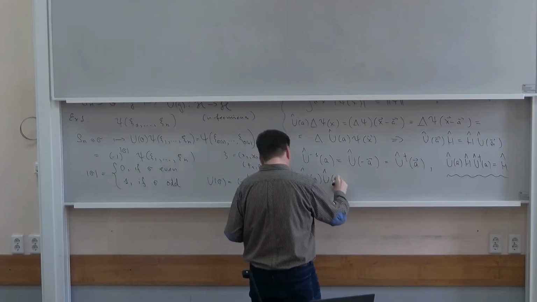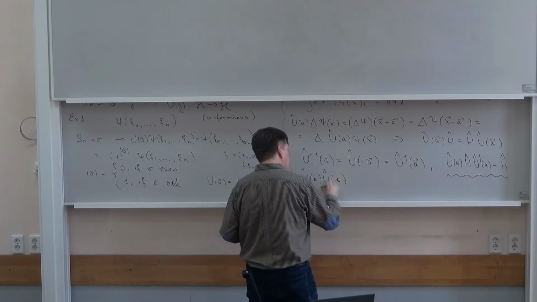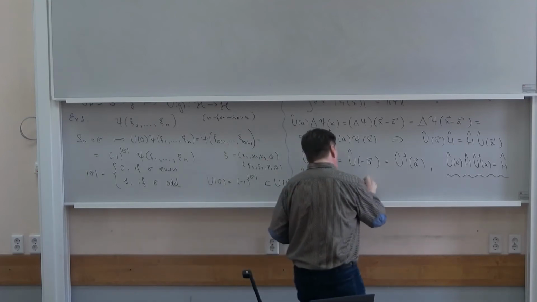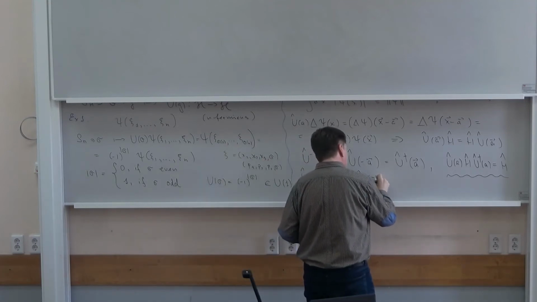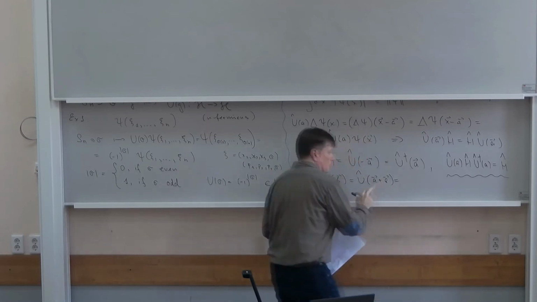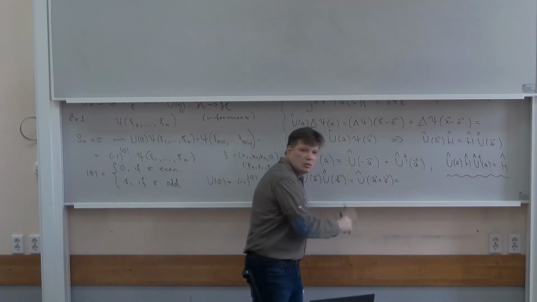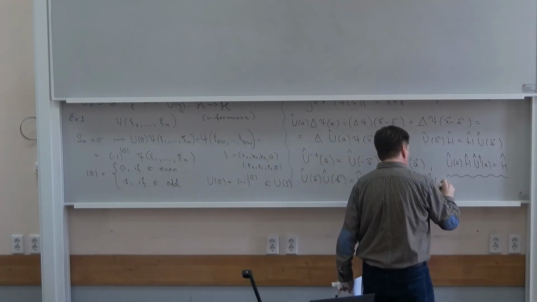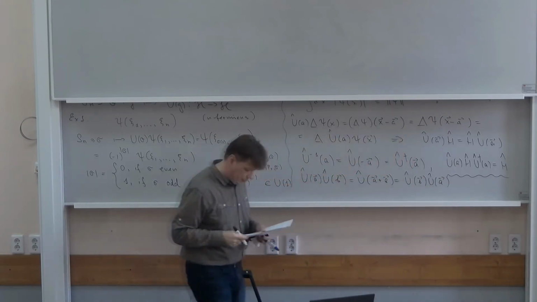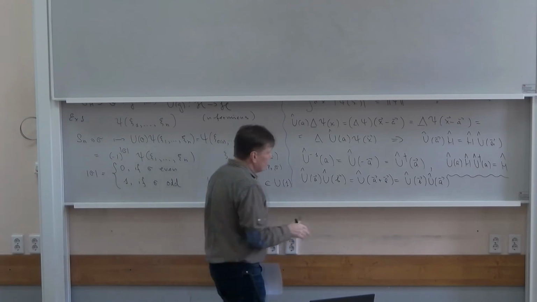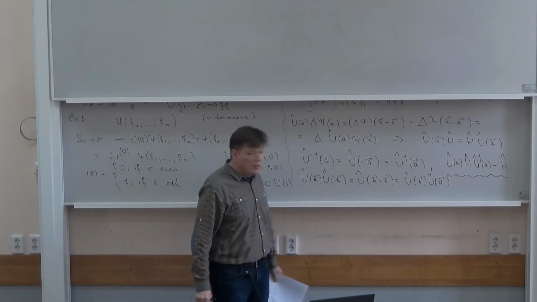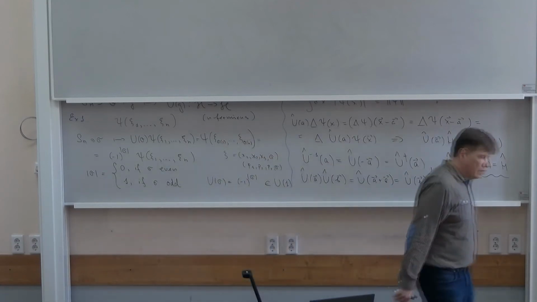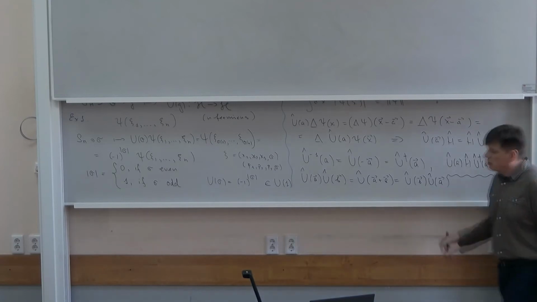We apply two translations corresponding to vectors A and B. We get a translation by A plus B, and because addition is commutative, we can also write this as U of B, U of A. So this Lie group is abelian, or commutative, and is isomorphic to the additive group of three-dimensional vector space.